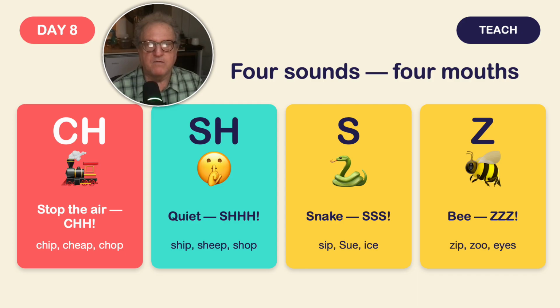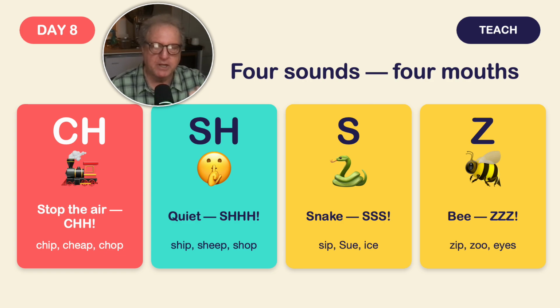So, for example, CH is ch, ch, ch. Do you hear it? I'm making a ch, ch, right? It's a quick burst, ch, ch, like a train, an old steam train, ch, ch, ch, woo woo.